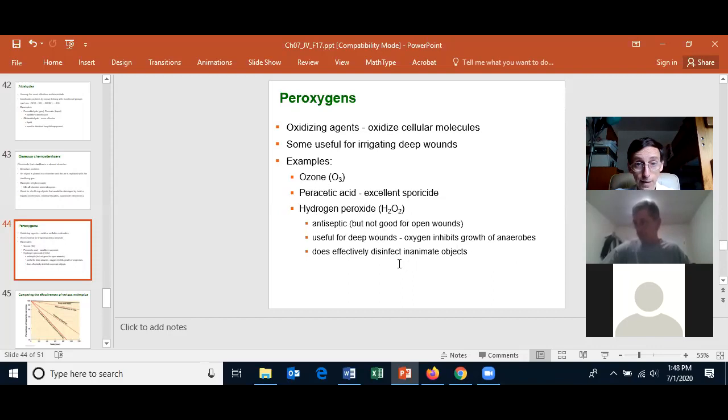And it's also effective in disinfecting inanimate objects like fomites. Like I said, it can kill endospores because most endospores are sensitive to oxidizing agents, meaning they're sensitive to oxygen. And so that's why they're very good at killing endospores. Any question about the peroxygens?